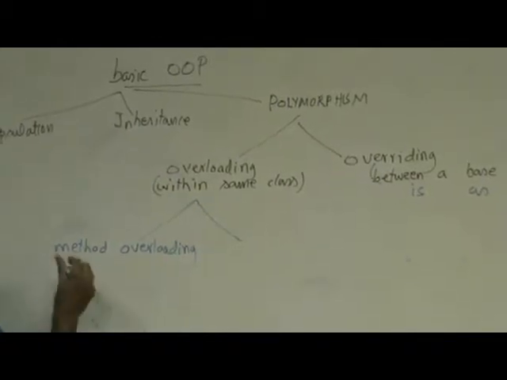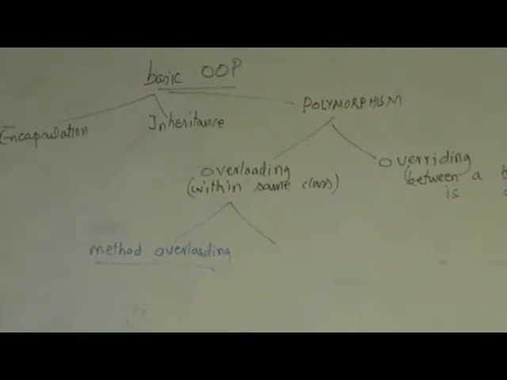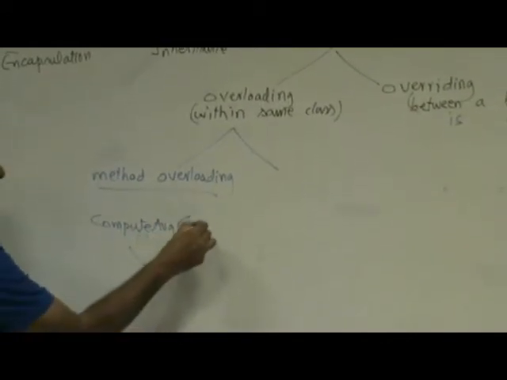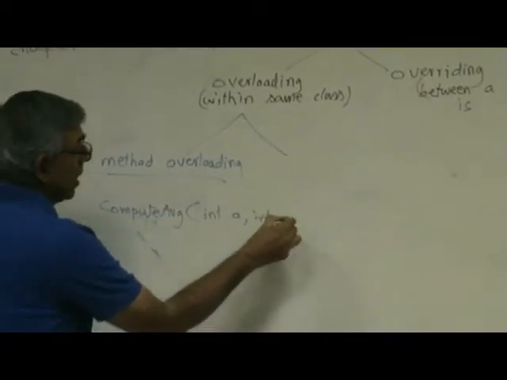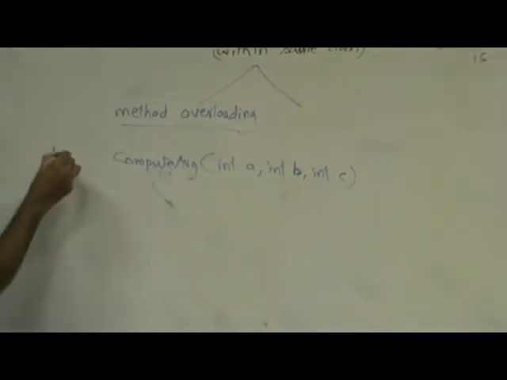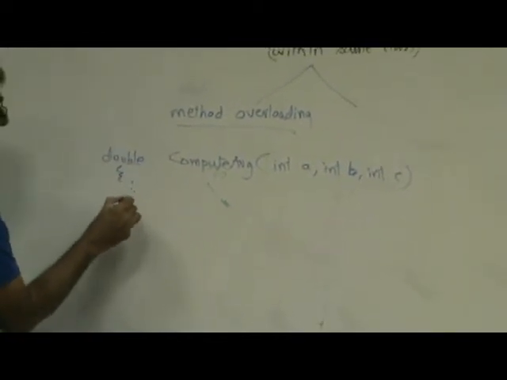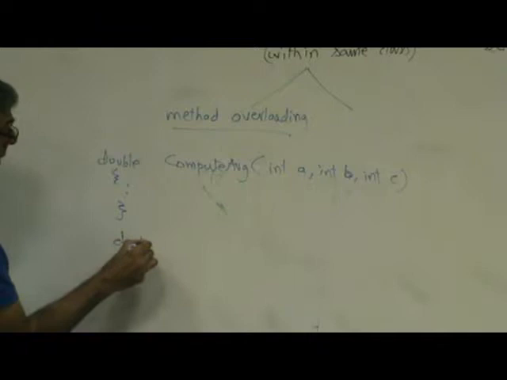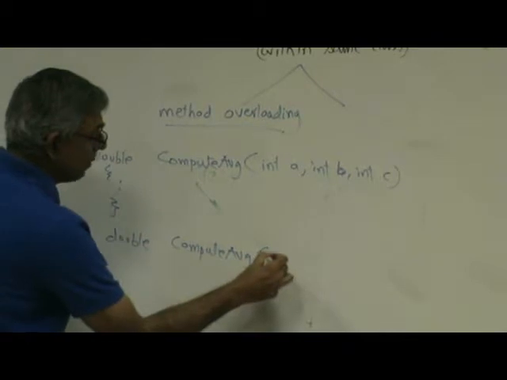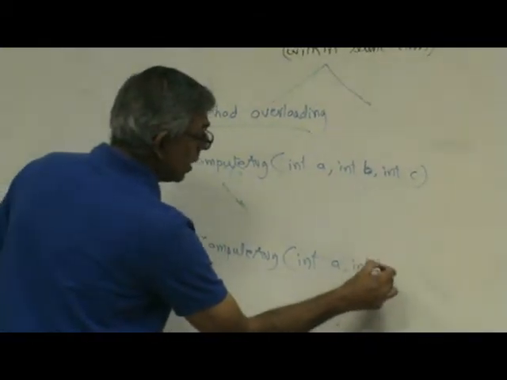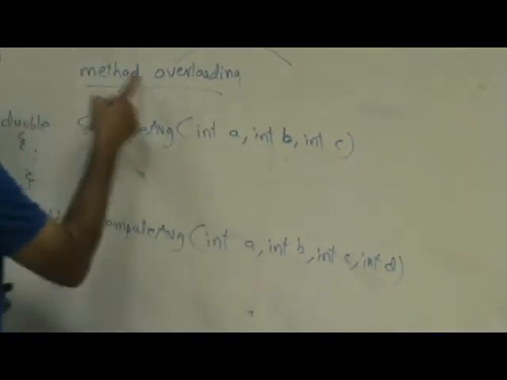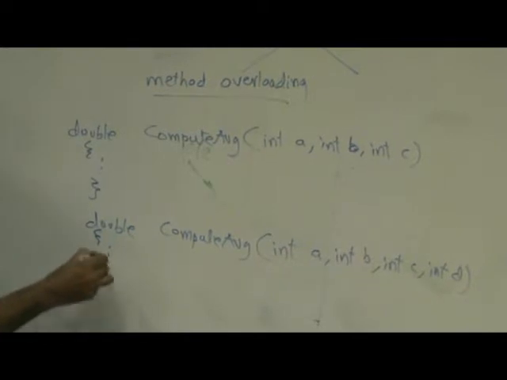We can also, not only constructor, like we gave an example, if you wrote a compute AVG which takes the average of 3 integers as an example, returns a double. Can we have one more compute AVG in the same class which takes the average of 4 integers? Yes. So that's called, again, method overloading or function overloading.